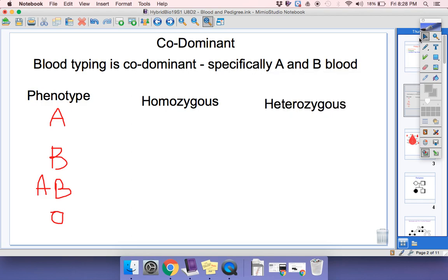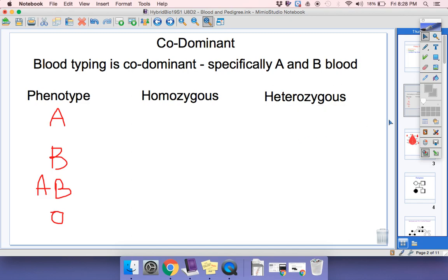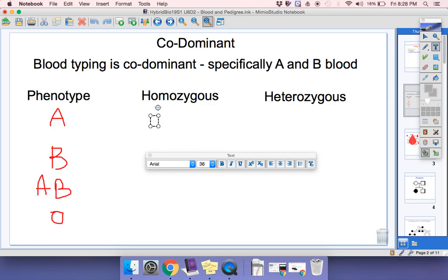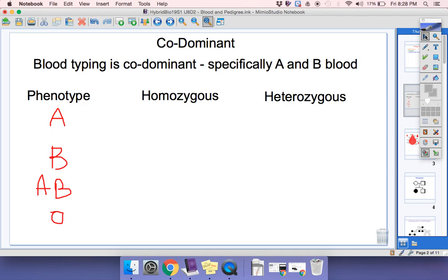Okay, so for A blood, if both parents give you A blood, you are going to get an A allele from each. Now, blood typing is a little bit weird in that they use this superscript to designate the blood type, and they use the letter I to show the dominance.